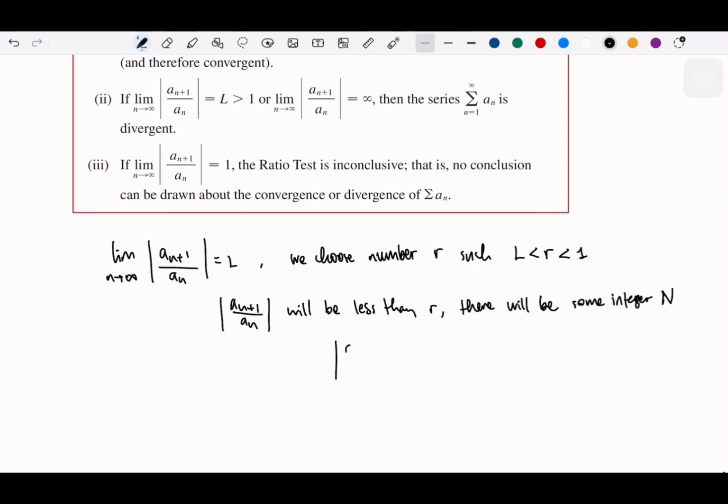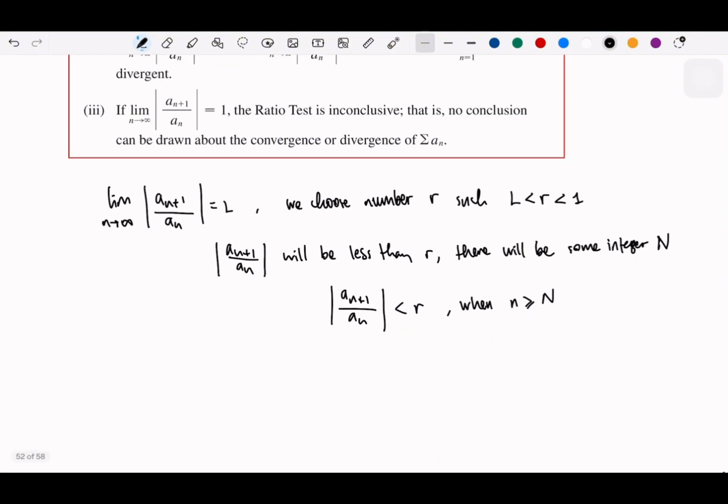So we say that an plus 1 over an will be less than R when the term index n is greater than the integer capital N. Or we can rewrite this equivalently.